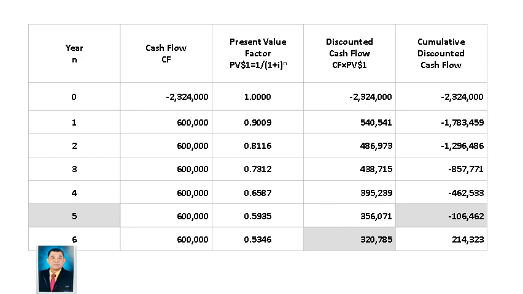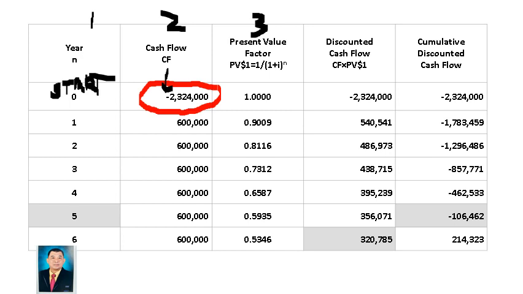Okay, so this is our cash outflow. That's why it is negative, because it goes out. So that is the start, that's why it is 0. How many columns? 1, 2, 3, 4, and 5. What is written on the y-axis?